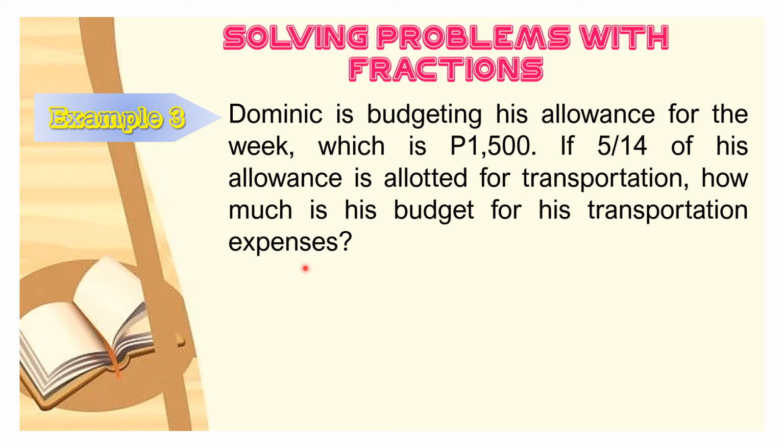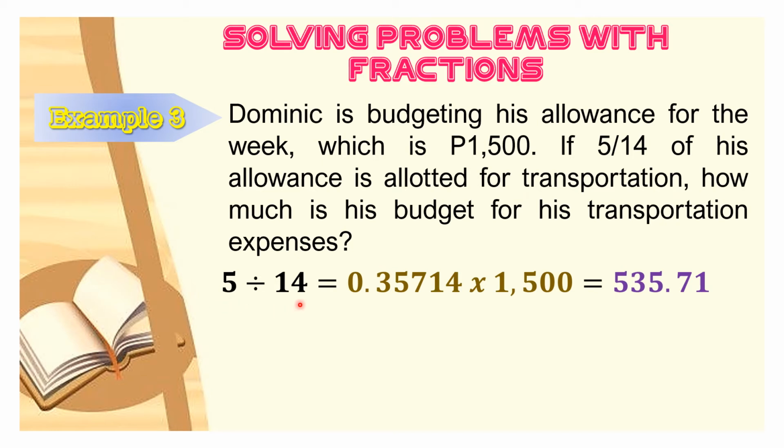Same process again, we have to convert the fraction to its decimal form, that is by dividing the numerator by its denominator. So we have here 5 divided by 14, that is equal to 0.35714. I just rounded off the answer up to 5 decimal places.